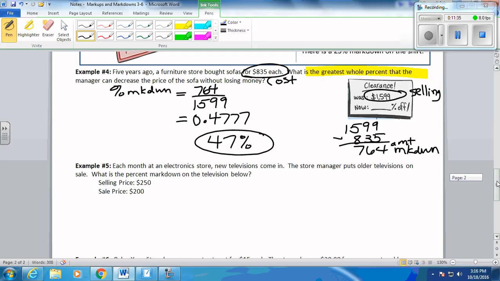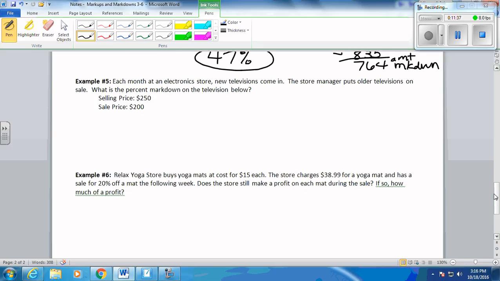Number 5 says that each month at an electronics store, new televisions come in. The store manager puts older televisions on sale. What is the percent markdown on the television below? So they're giving us the selling price and the sale price. I'm just reminding myself that I'm finding a percent markdown.